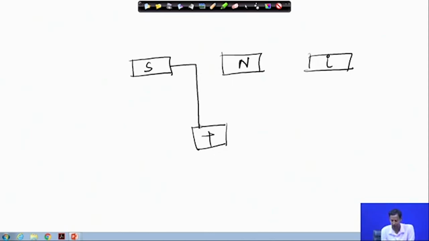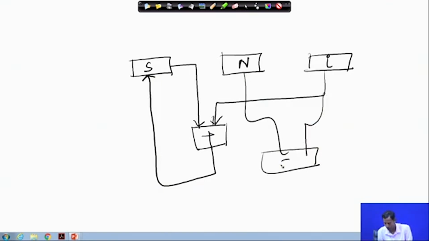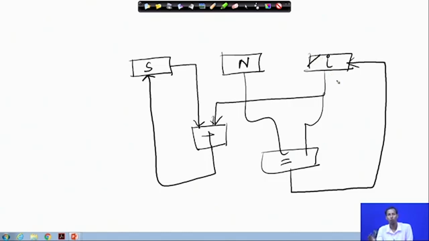From where this S and I value is added, and then it goes back to the corresponding S register, and I need one circuit where I compare whether N and I both are the same. If it is the same, at that time what will it do? It will go here and it will stop the corresponding counting. This is nothing but a counter.